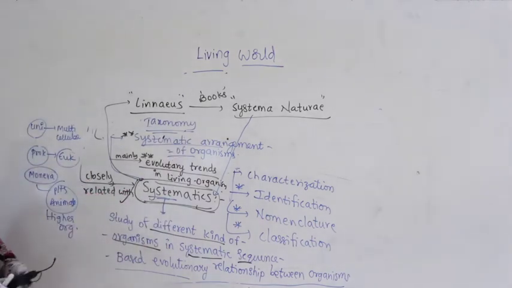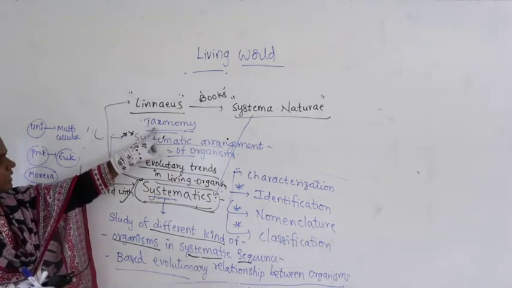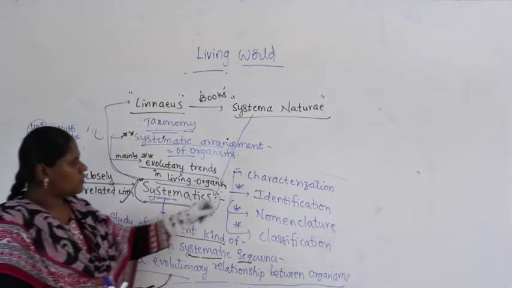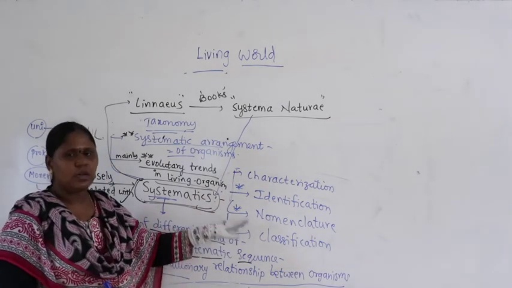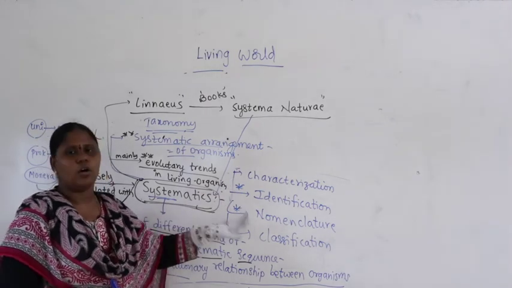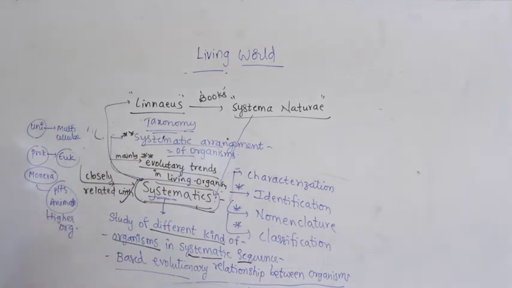Right guys, now let us continue. Our main concept is taxonomy. Taxonomy means classification of organisms. Classification of organisms includes the four components. Now we need to discuss in detail each and every component. So let us continue with taxonomy.